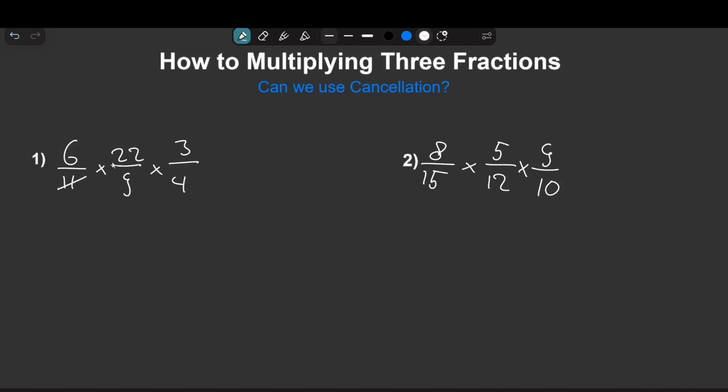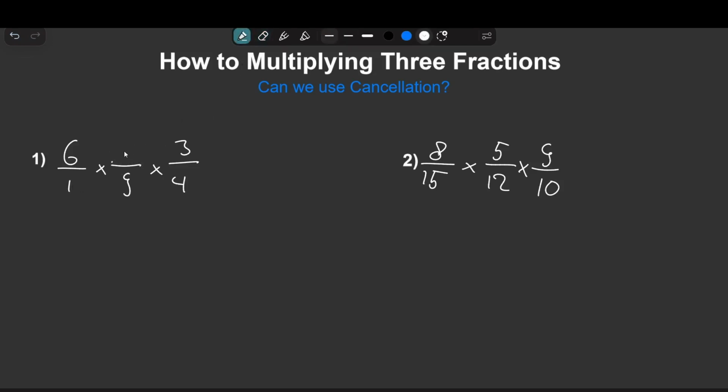So we can cancel 11 and 22. 11 and 22 have a common factor of 11. This will turn the 11 into a 1 and the 22 into a 2, because 11 divided by 11 equals 1 and 22 divided by 11 equals 2. So I'm gonna take these away and replace the numbers.